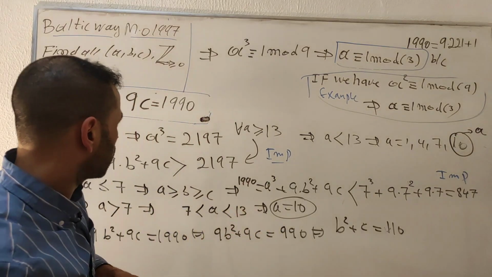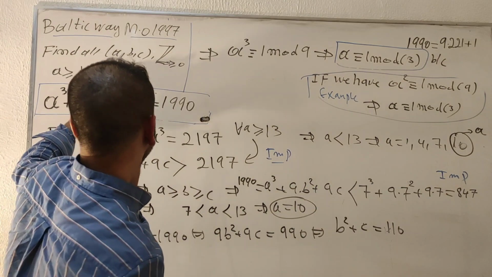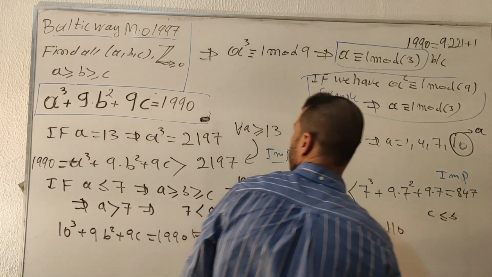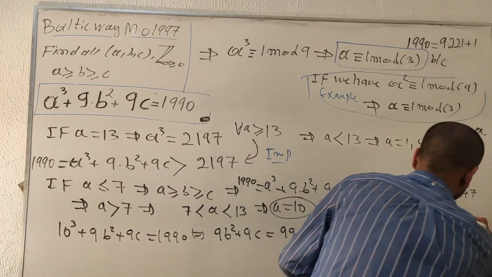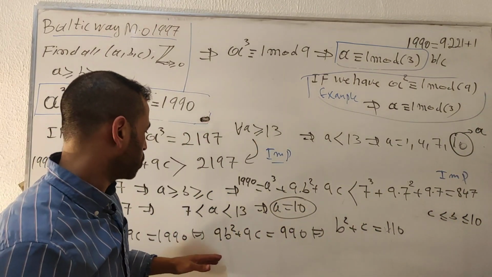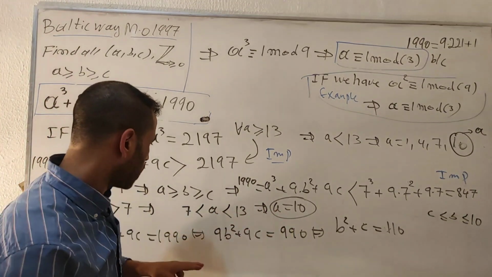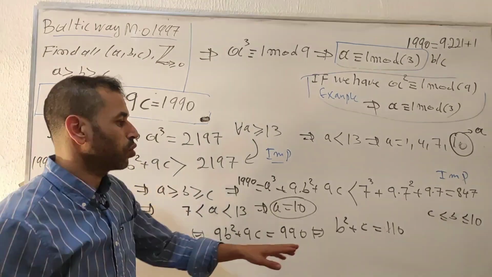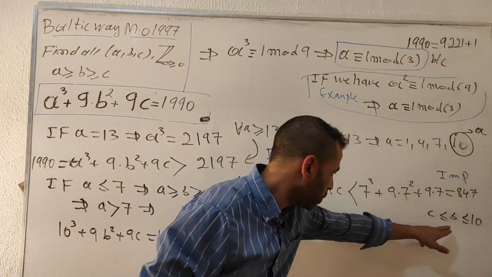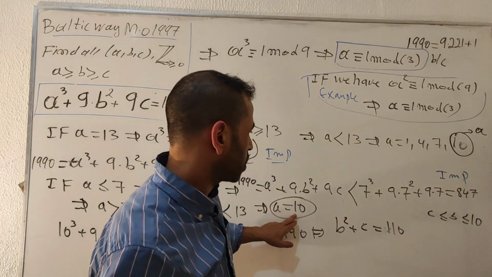So based on the condition that we have here, c is less than or equal to b, and b is less than or equal to 10, because we already have a equals 10 and a is greater than or equal to b. Which means b is going to take 10 as a maximum, as well as c.